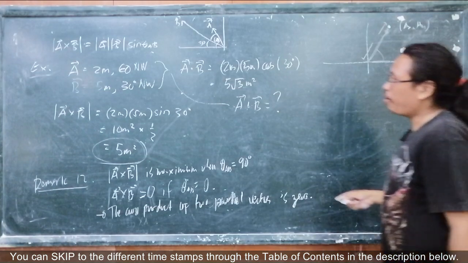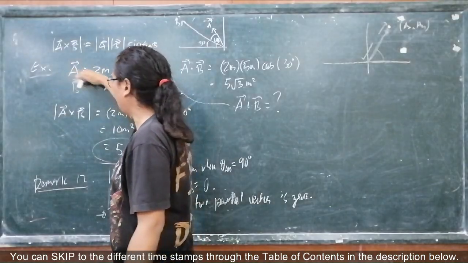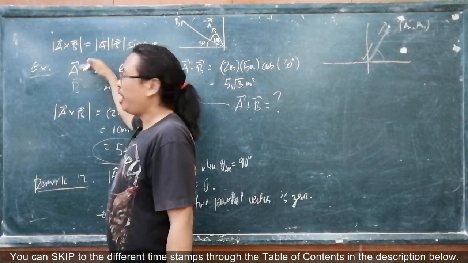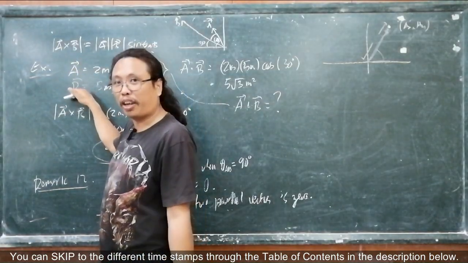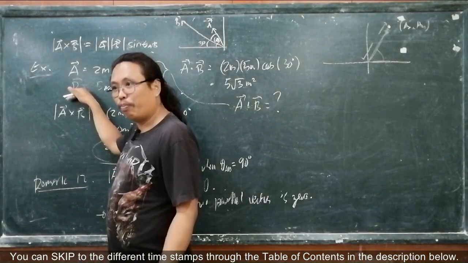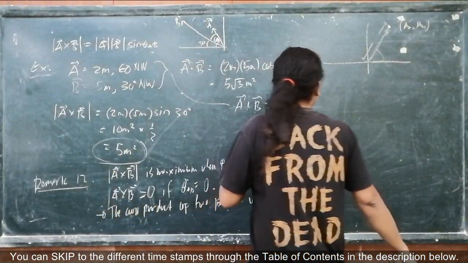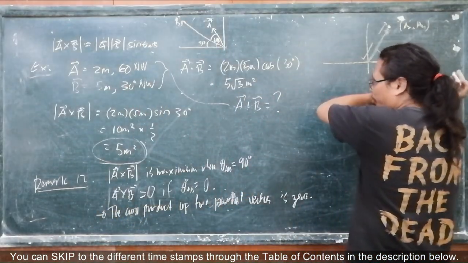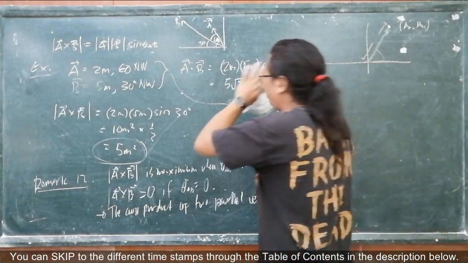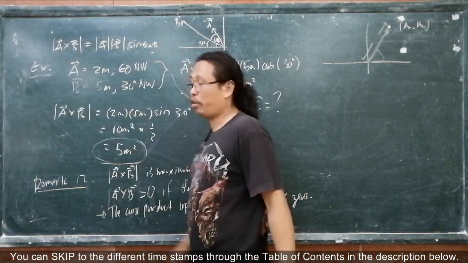So what I'm going to do is translate this vector into a Cartesian vector, and translate this vector into a Cartesian vector, and we can now add the two vectors together in the Cartesian form. And then translate the sum back to the original. That's what you are going to do.